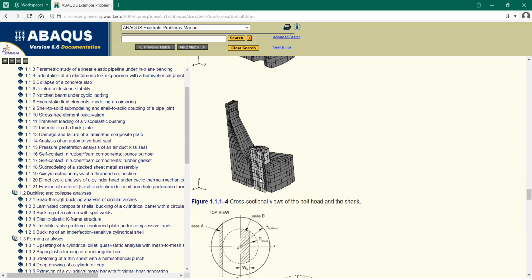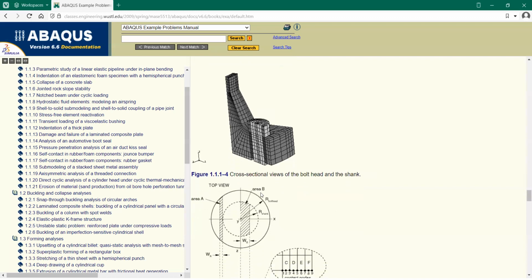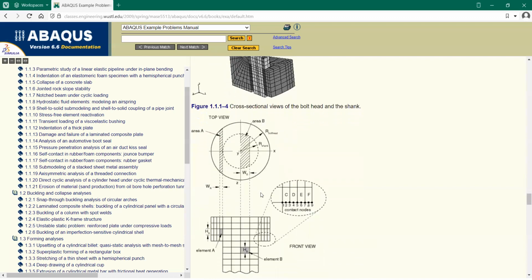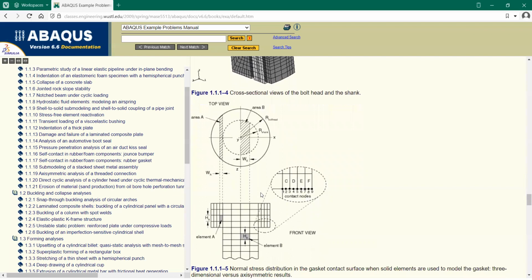Yeah, this looks a little better. It's a well meshed one. So these are the contact nodes. These nodes, one, two, though there are only four elements, each element has three nodes.